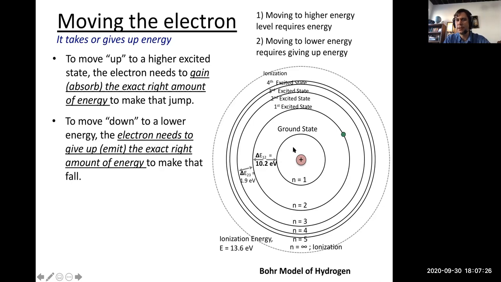So give up that energy, electron, and move down. Pew, shoots off a photon with energy of 10.2 electron volts. So you can really see that it has to gain energy, and it'll gain energy to move up by absorbing photons, and then it emits them to move down to lower energy levels.